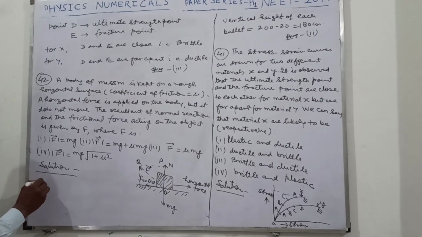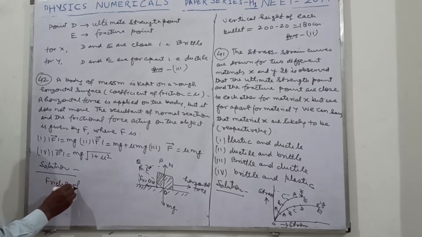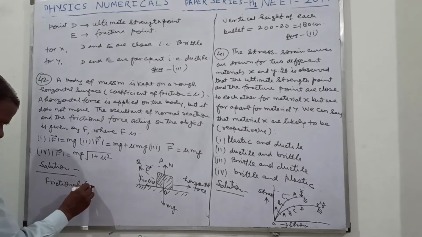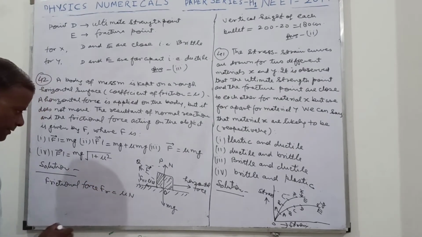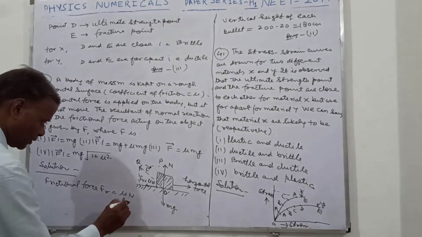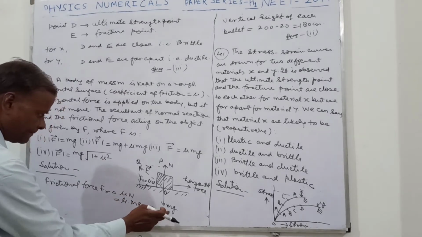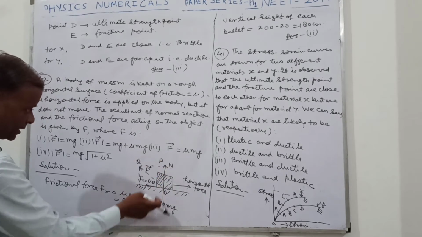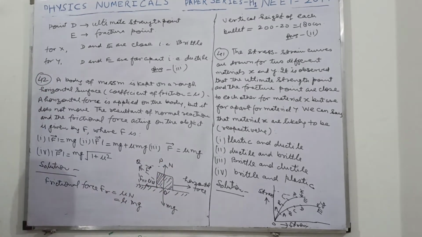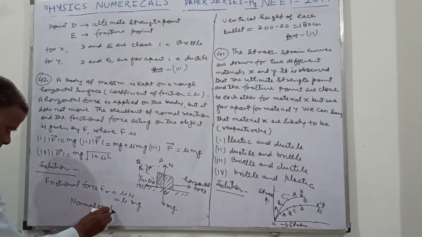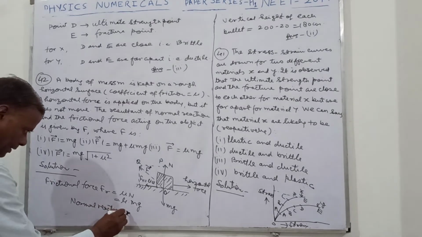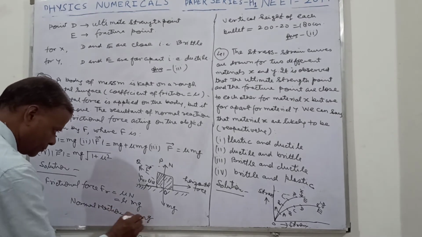So frictional force Fr is equal to mu N, and N is equal to mg. The normal reaction N is equal to Mg.